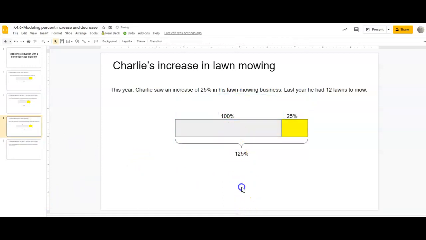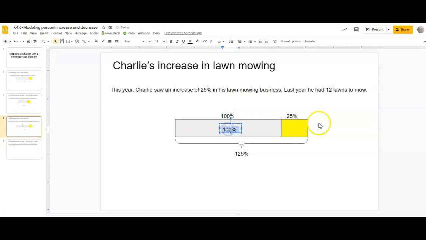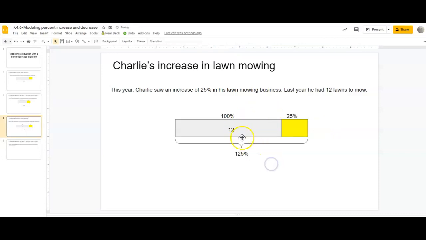I'm going to use my text boxes and set these up inside here like this. So this is 12 right in here. That's 12. And 25%, which is this piece right here, is 25% of 12.